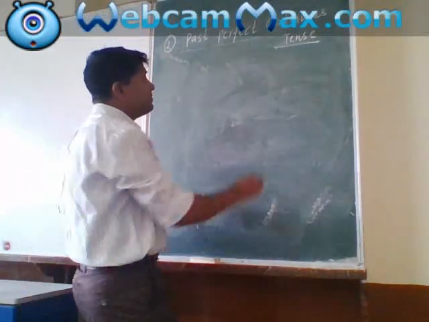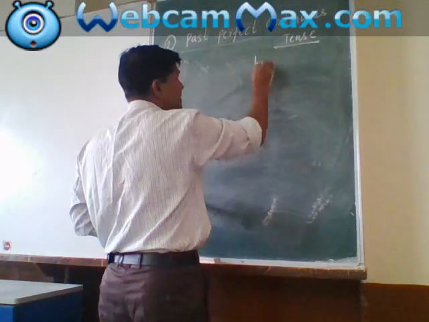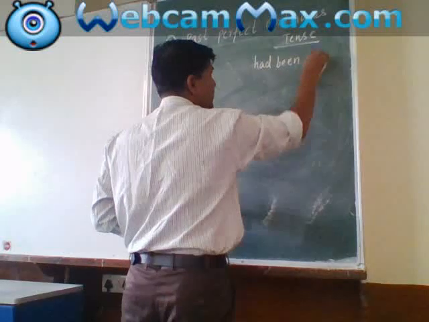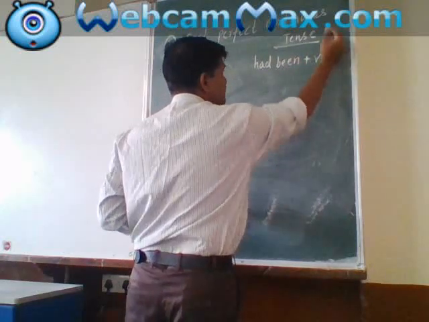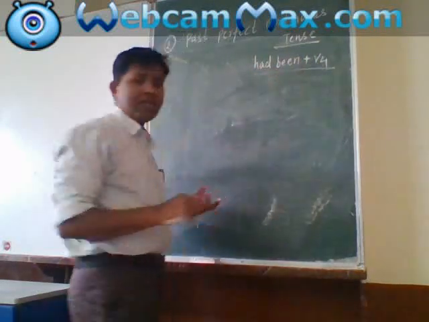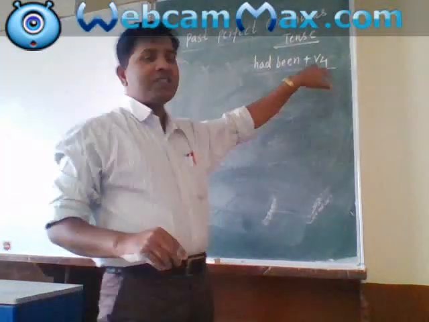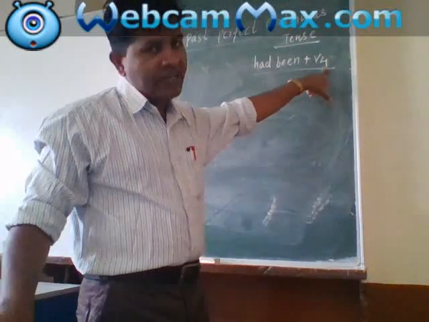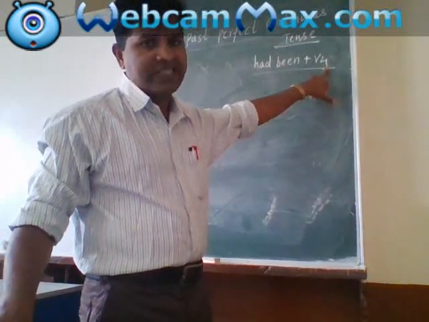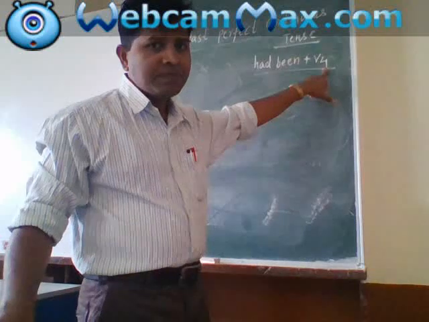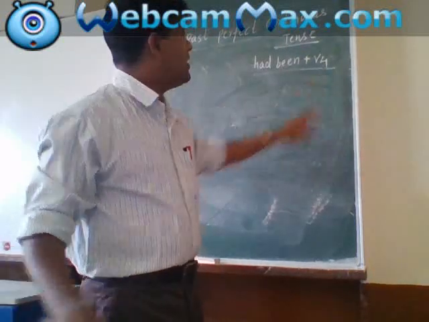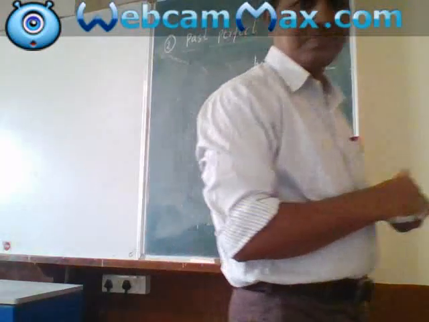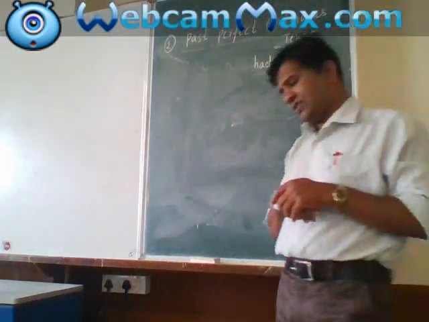It means we use had been plus V4. Okay. Now had been plus V4. Earlier I explained to you V4 means V1 plus ing. Okay. Now you see past perfect continuous tense. When do we use it?